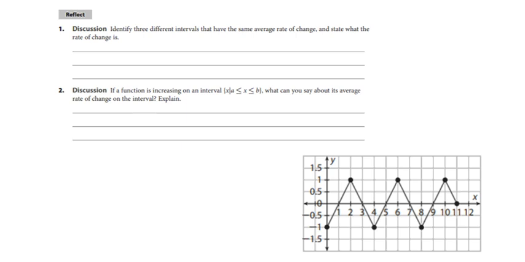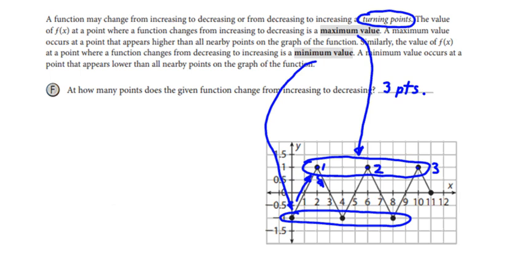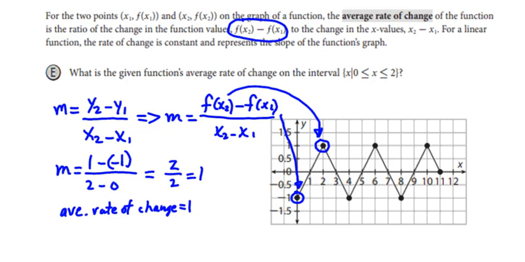Reflect and discuss: identify 3 different intervals that have the same average rate of change and state what the rate of change is. So from here, we can go back and find, well, remember we went over our rate of change, and we found our average rate of change between x equals 0 and x equals 2 of 1.